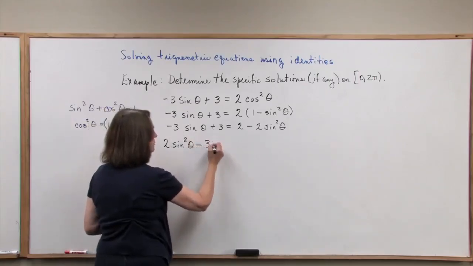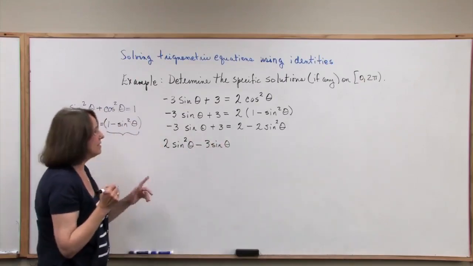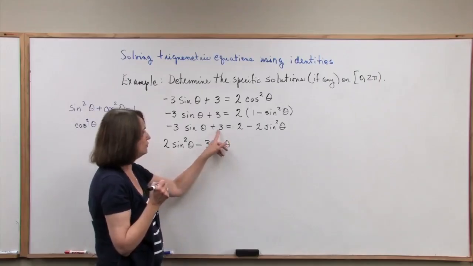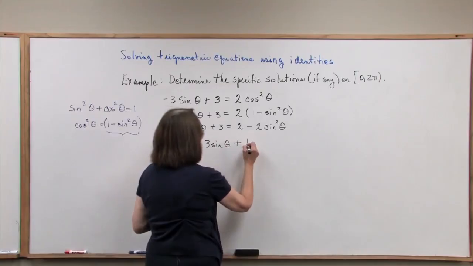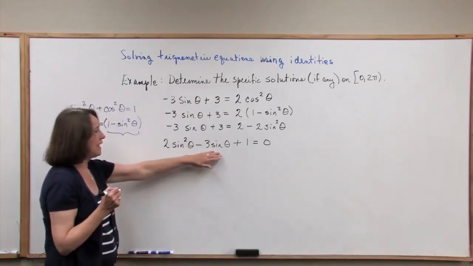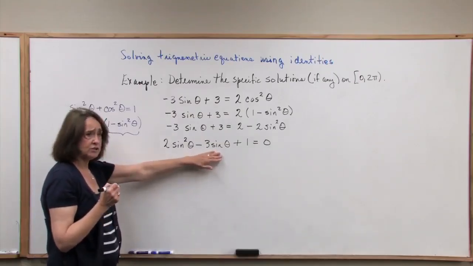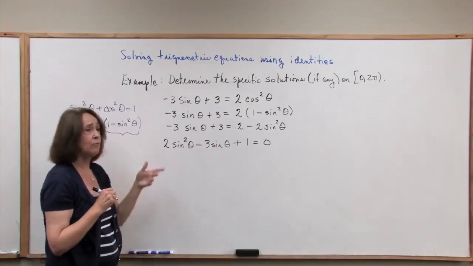Copy -3 sine of theta. And then subtract 2 from both sides. 3 minus 2 is +1. So we have a trigonometric equation that is in quadratic form, and we can factor.